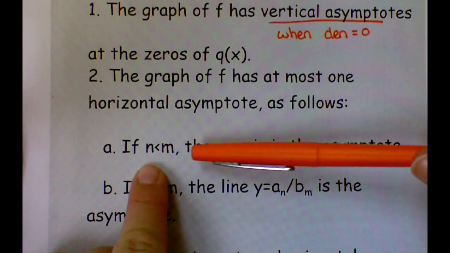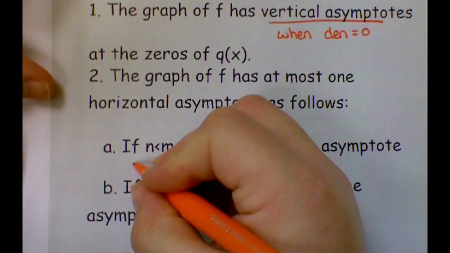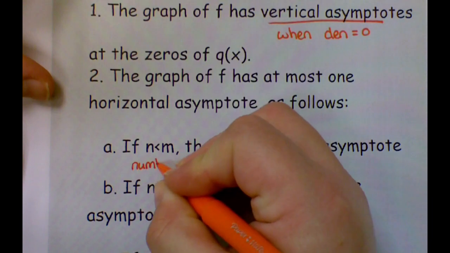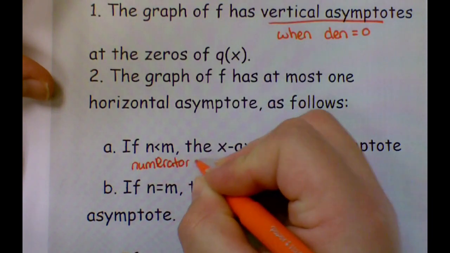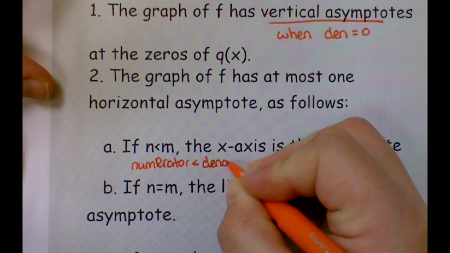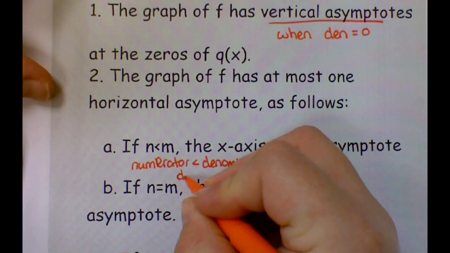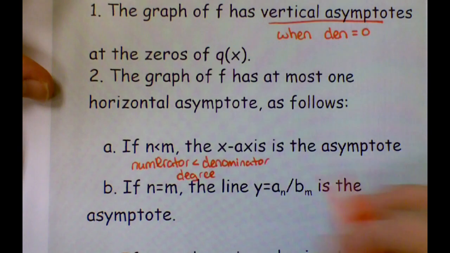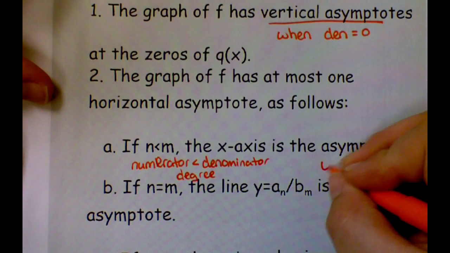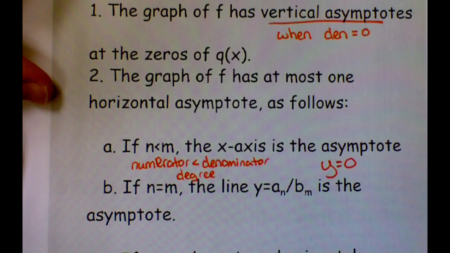If n is less than m, so this is numerator degree less than denominator degree, the x-axis is the asymptote, which means it's y equals 0.